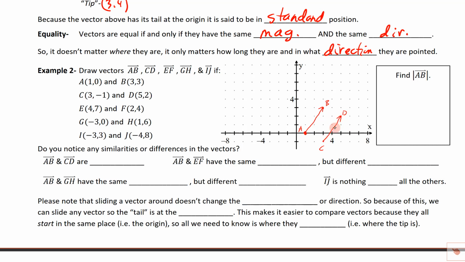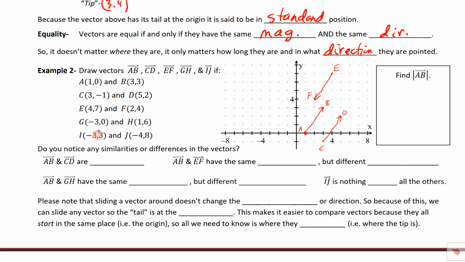And then E to F, so 4, 7 is right here, so that's where E is. And F is 2, 4, so over 2 and up 4, so that looks like this. We'll label that as F, going back this direction.